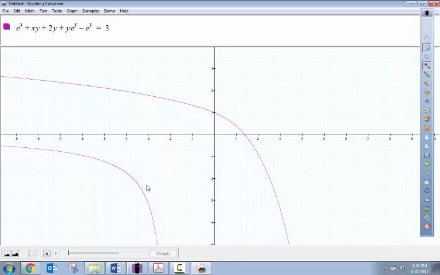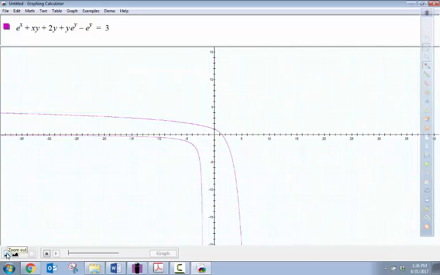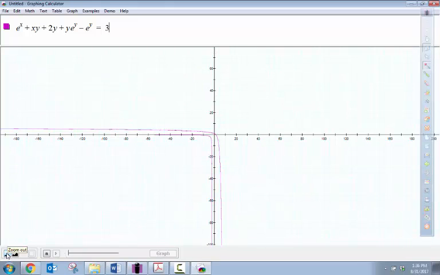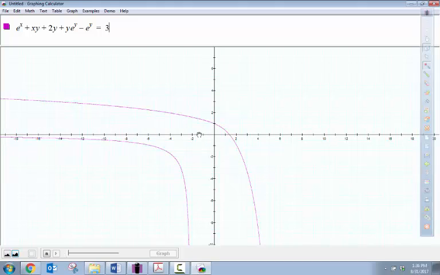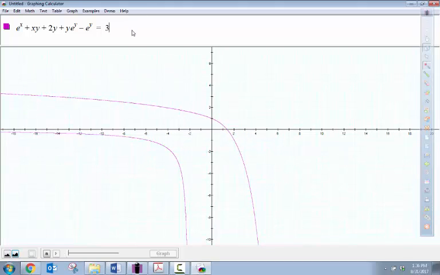So you can see that this is not a function. Doesn't pass a vertical line test. So our point, what was our point again? 0, 1.